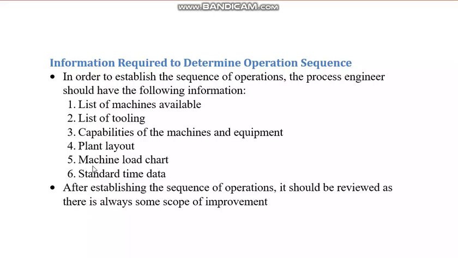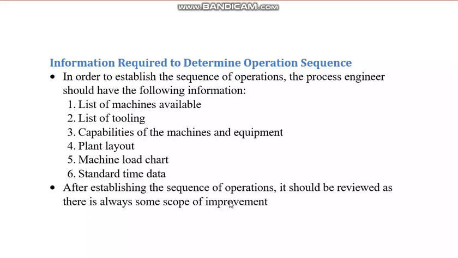Then you should know the machine loading chart. Then standard time data, which we have found out with work measurement. This is the information that you as a process engineer should have, so that you can determine the operation sequence.